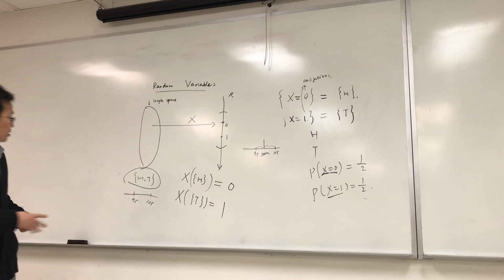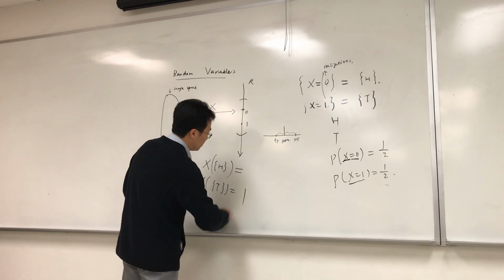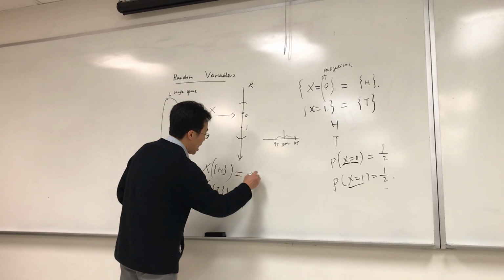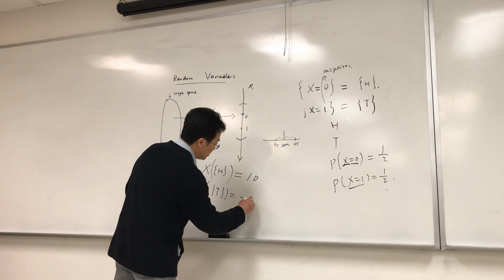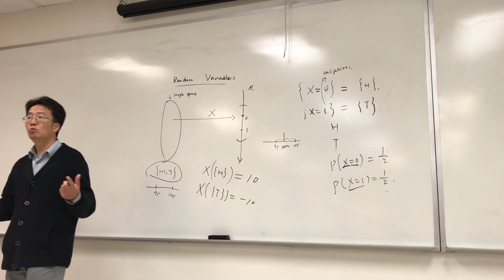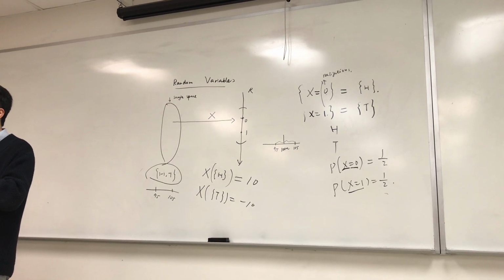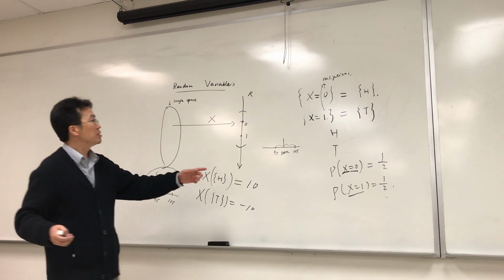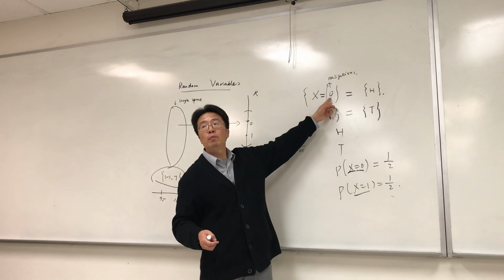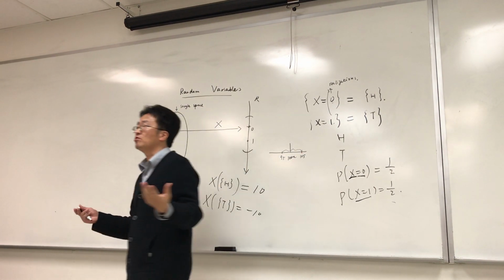For example, we have the freedom to map head to 10 and tail to -10. Any option would be allowed. But we just need to know this one-to-one relationship between head and the corresponding realization, tail and the corresponding realization.